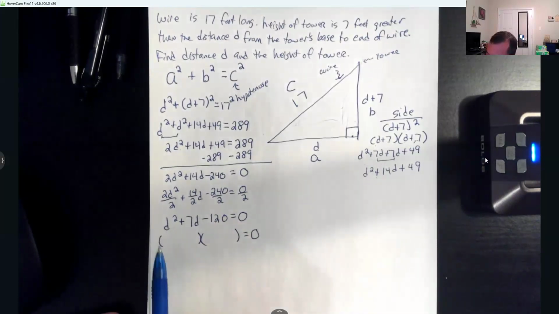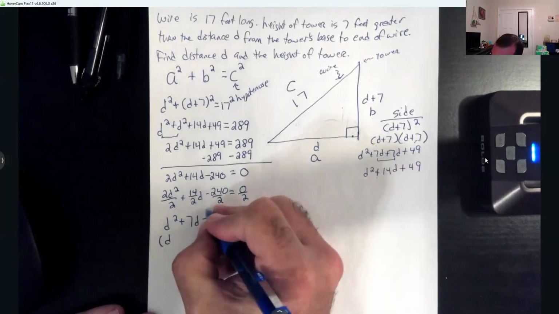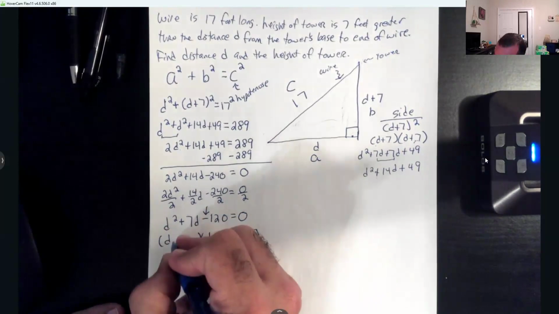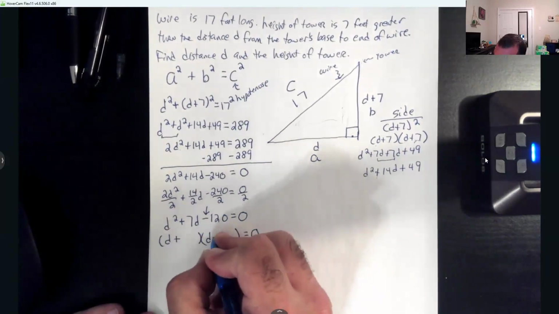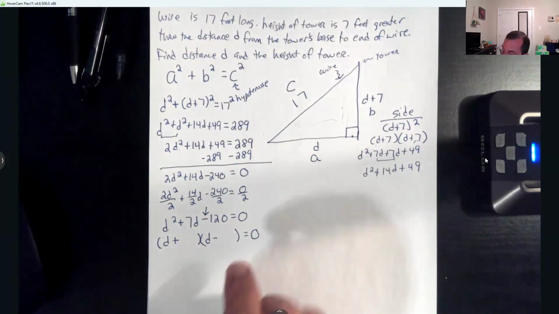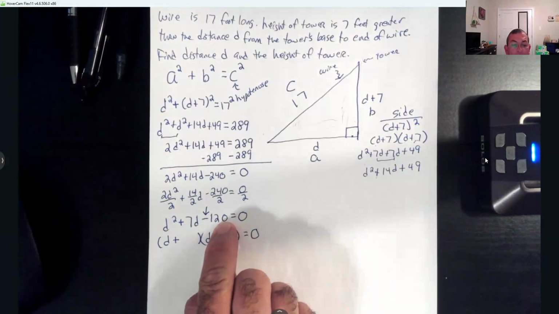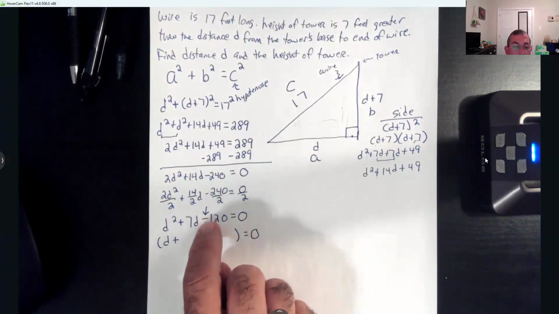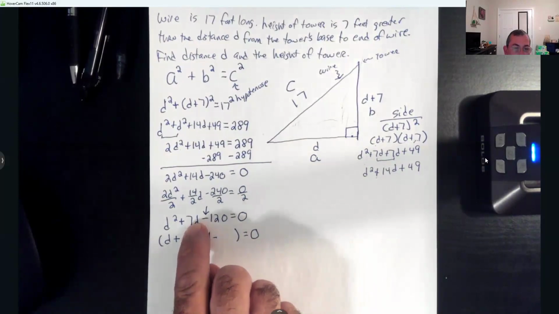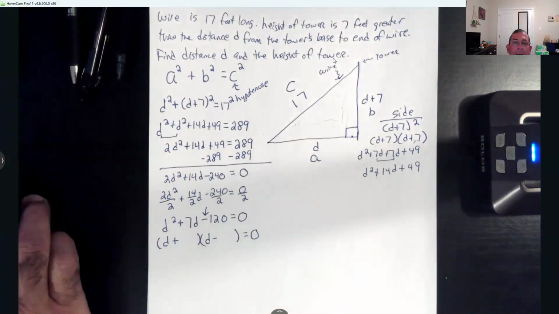So first of all, I know D squared is a D and a D. Remember, the last number's negative, so one of these will be positive, one of those will be negative. So y'all, what I'm about to do is show you how to find factors of 120 on your calculator. Remember, we're looking for the factors that'll subtract and give us 7. Okay? So let me show you how I find factors on my calculator.